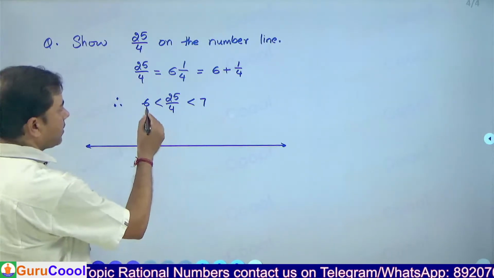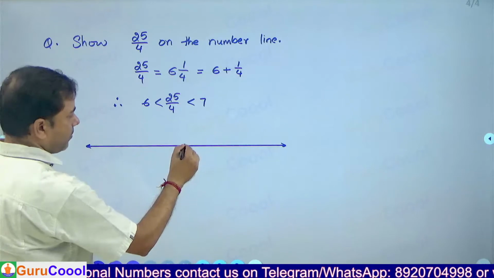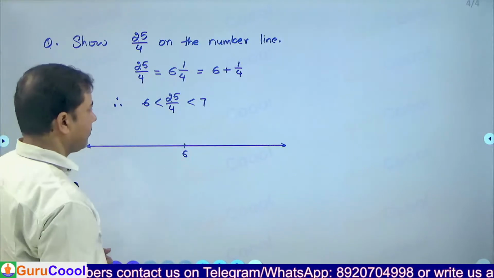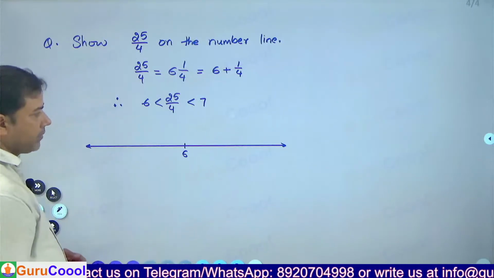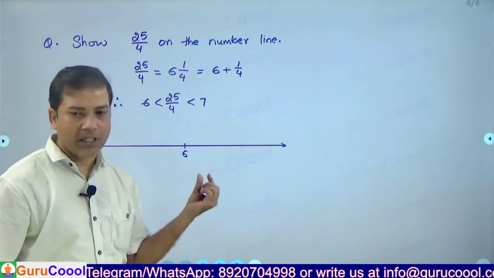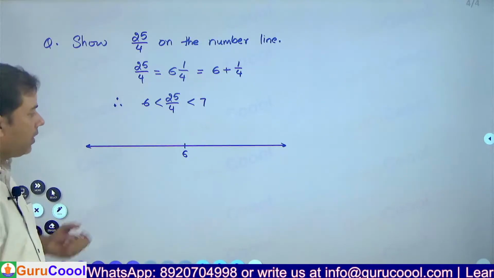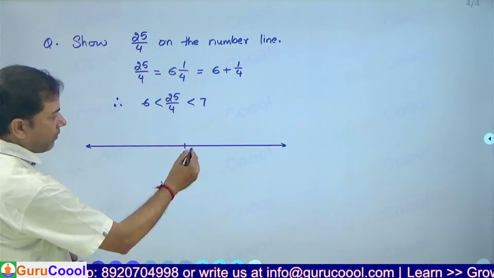Let us take 6 somewhere, for example here. What does that mean? We have taken 6 here. What is the meaning of this? Meaning is that we already have traveled 6 units.